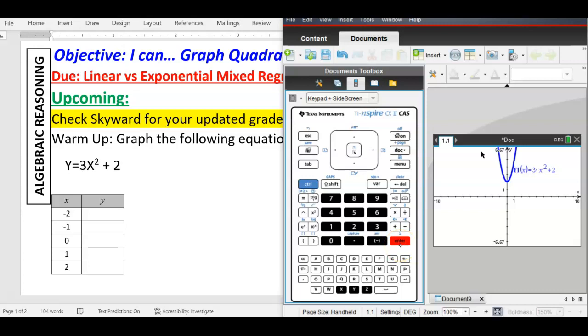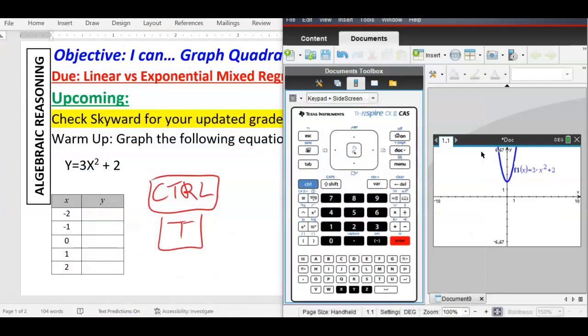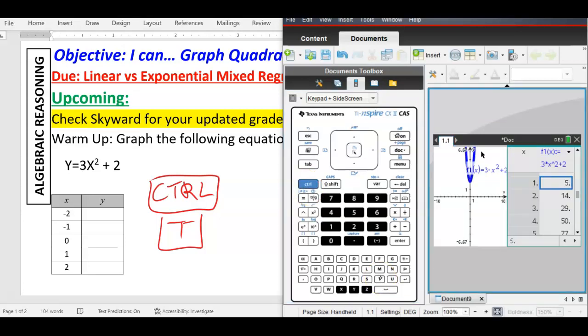Now, once you have that graph, you should be able to get a table by doing what? What buttons do we press? Control T, right? Okay, so I get that going here, Control T. Now, on this original one, it goes up to -2 and up to +2.